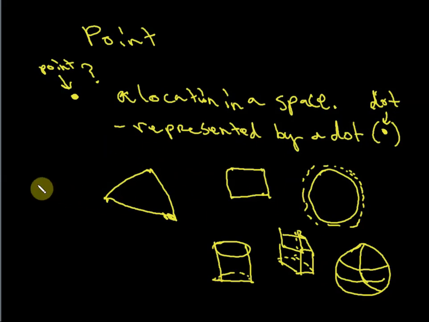All these are a bunch of dots, and when you string a bunch of dots together, you get a line. So we'll go over what a line is.